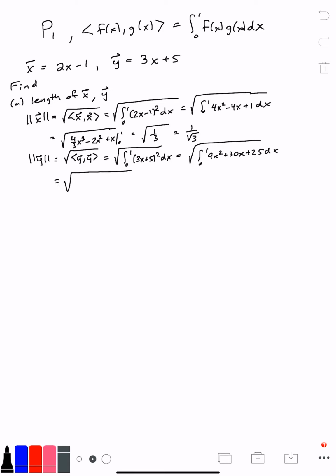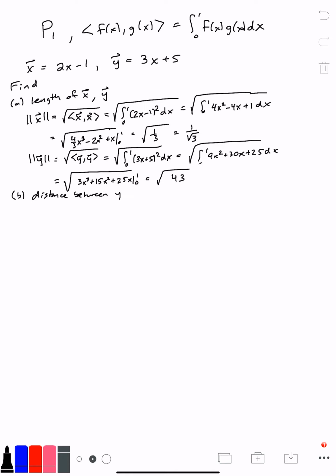And that's the square root of 3x cubed plus 15x squared plus 25x from 0 to 1. And let's see here, that's going to be 43. So that right there is the length of y.